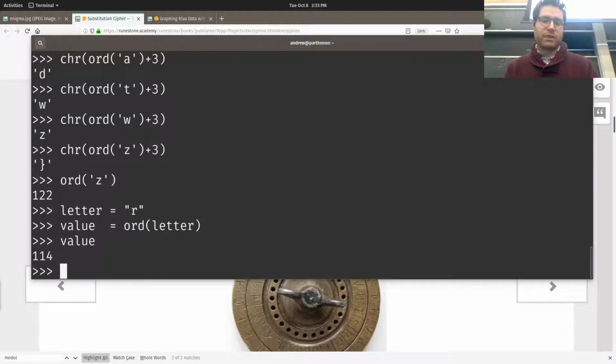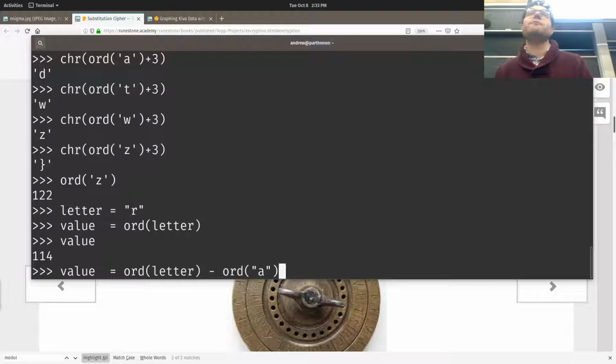We don't really care what the value is, just that it has a value. But also, the thing we're going to do is subtract ord of A. Why are we subtracting ord of A from it?